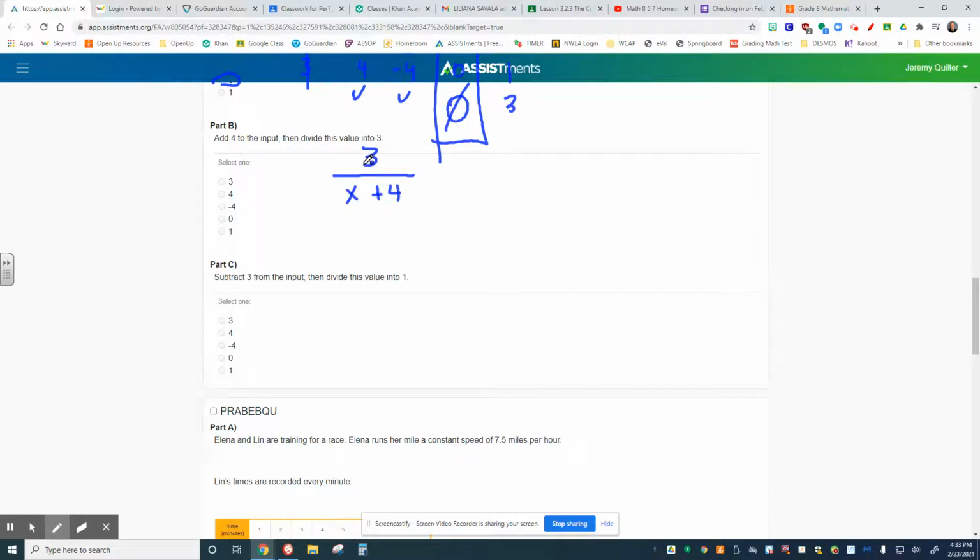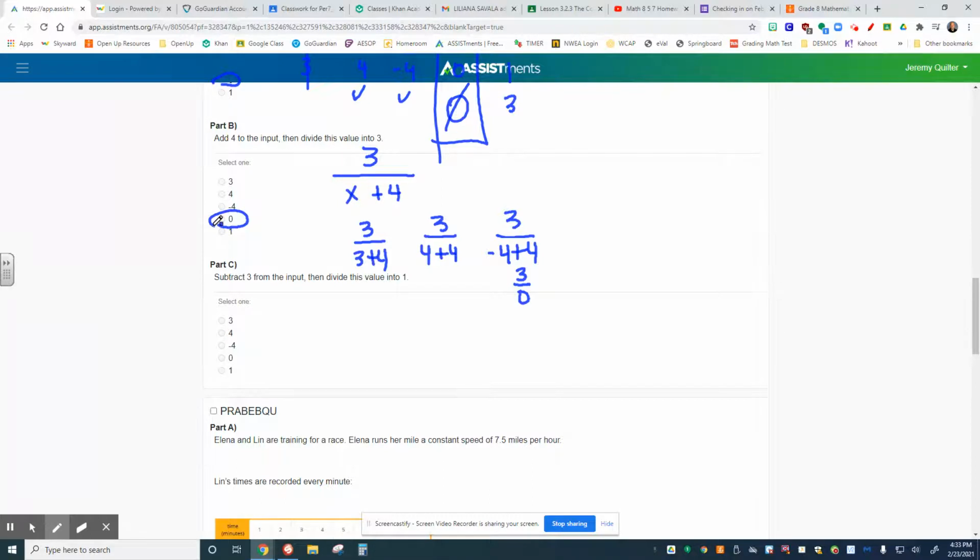And so when we take that in there, 3 divided by 3 plus 4, that's 3/7. 3 divided by 4 plus 4, that's 3/8. 3 divided by -4 plus 4, that one's 3 divided by 0. I think I just found the problem right there. That one will be undefined as well.